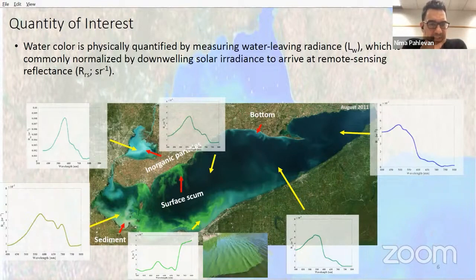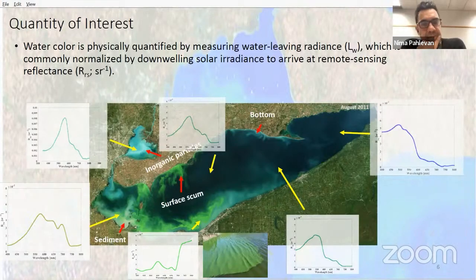Here's my attempt to show you the correspondence of different water colors with their associated remote sensing reflectance, or Rrs. These Rrs spectra are shown from within the visible band, from 400 to about 700, 800 nanometers, so just a little into the near infrared region.